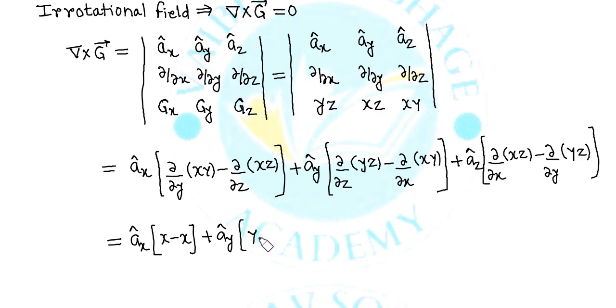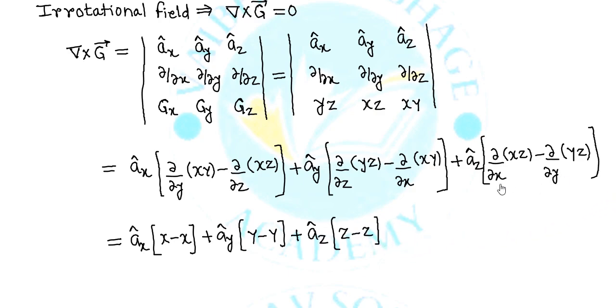We have that to be y. And derivative of this bracket with respect to x, that is to be y, plus az. Derivative of this bracket with respect to x is again z, and derivative of this bracket with respect to y is what? We have that to be z.